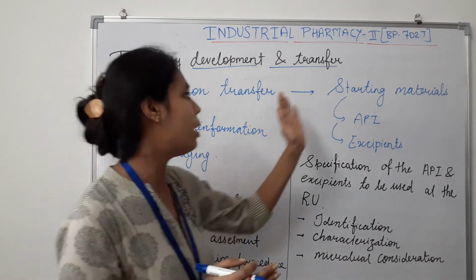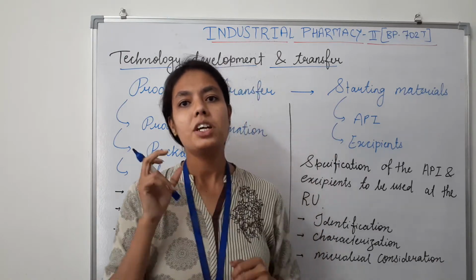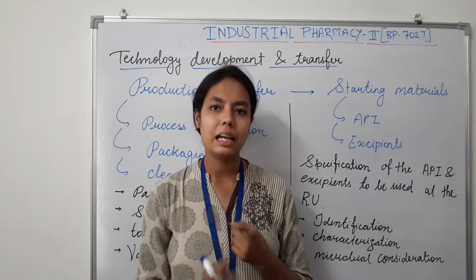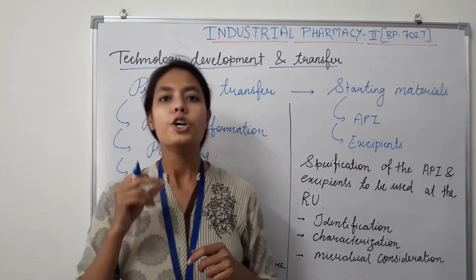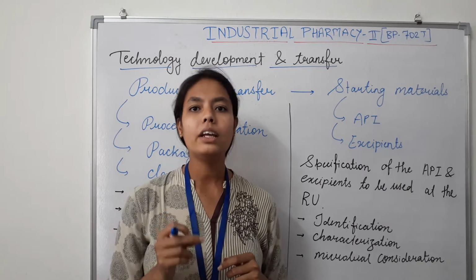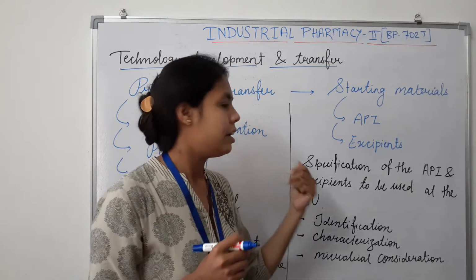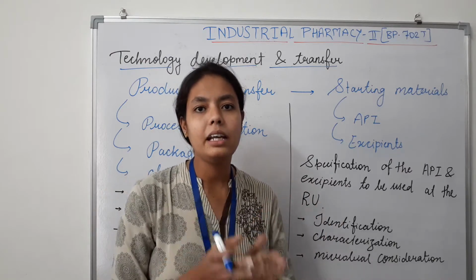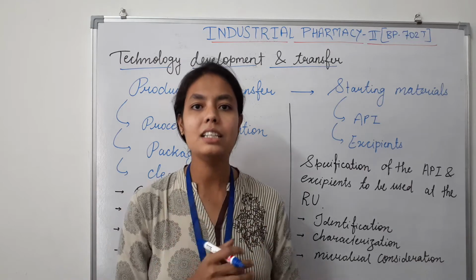So let's talk about starting material. The specification of the starting materials like APIs and excipients to be used at the receiving unit should be consistent with reference batches developed by the research and development team or manufactured at the sending unit.